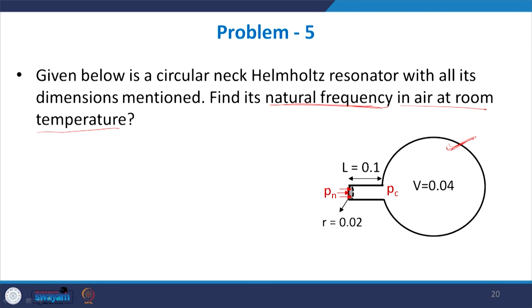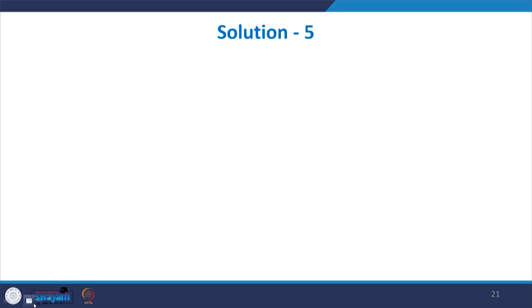Now the natural frequency of this Helmholtz resonator is given by C naught by 2 pi under root of S by V into L plus whatever is the end correction.